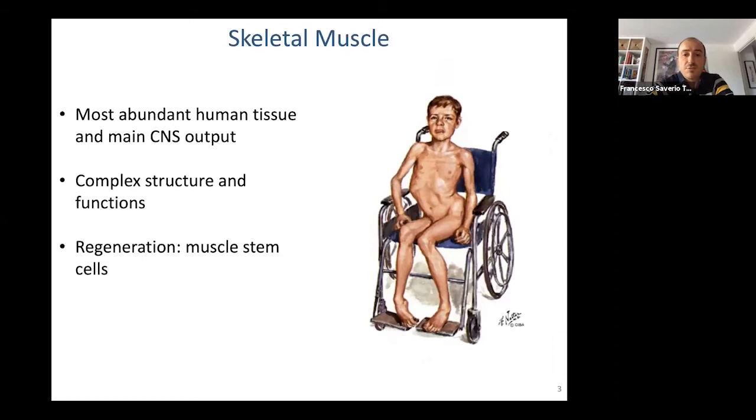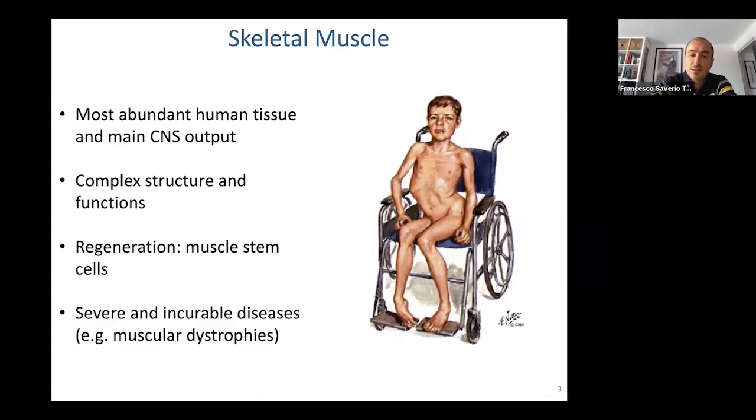However, this regenerative process is not optimal, and for this and other reasons, unfortunately, muscle is also the target of extremely severe disorders, of which muscular dystrophies are one of the key examples. Most of them, if not all of them, but the vast majority, are very severe and incurable at the moment.